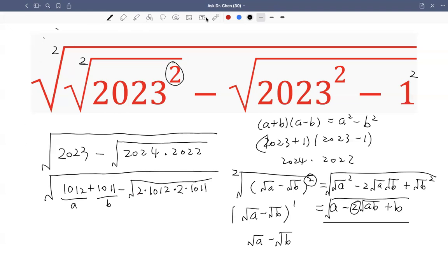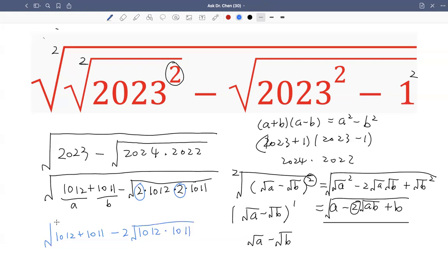But look at this. We have a 2 as a factor, so the square root of 2 times 2, the square root of 4, just becomes 2. That means we can rewrite this as the square root of 1012 plus 1011 minus 2 times, now that the 2 has come out of the square root of 4, 1012 multiplied by 1011.